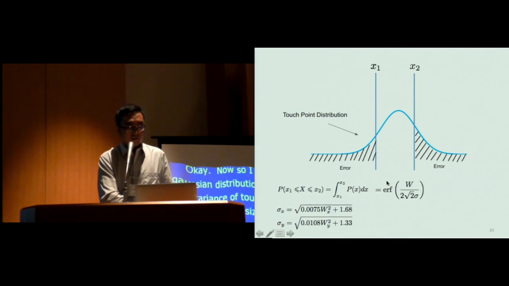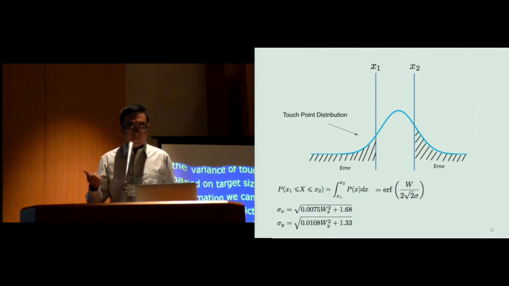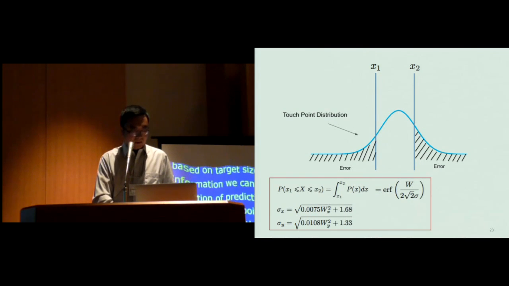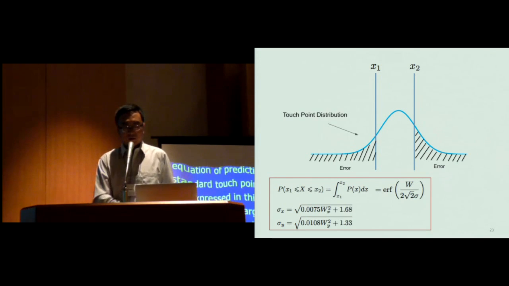And then we put these values back into our equation. We can estimate the accuracy of selecting a target based on the width of the target only. So this is our model for predicting the accuracy of selecting a one-dimensional target. You can see here the only variable is just the width of the target.